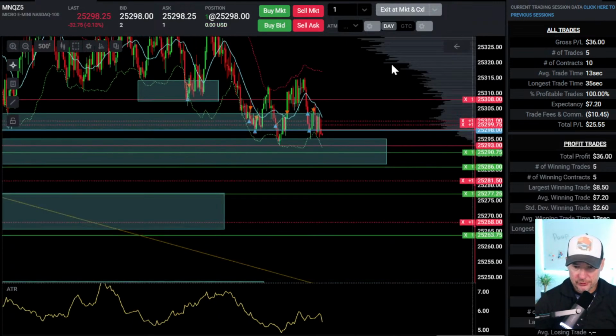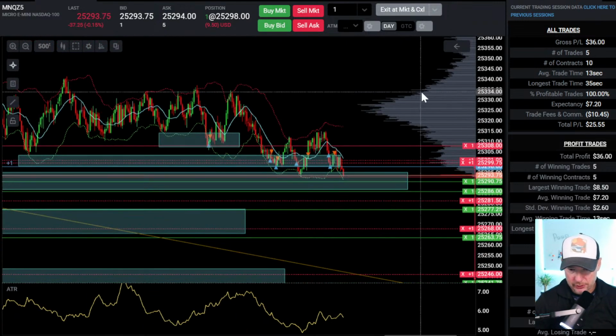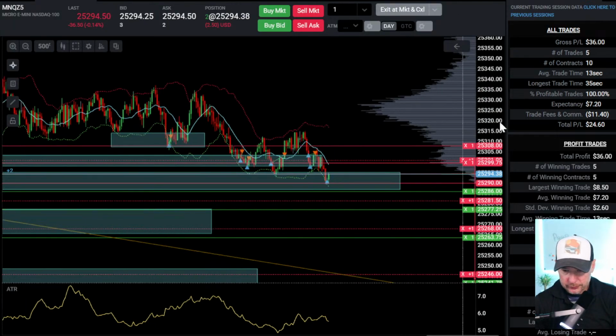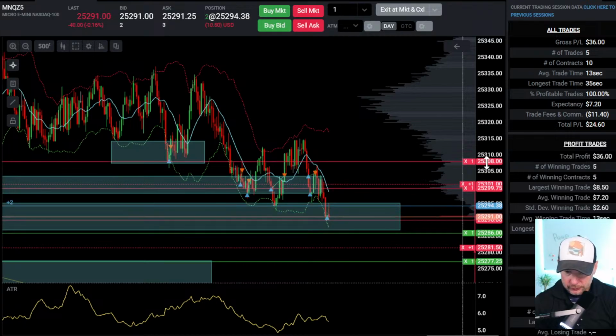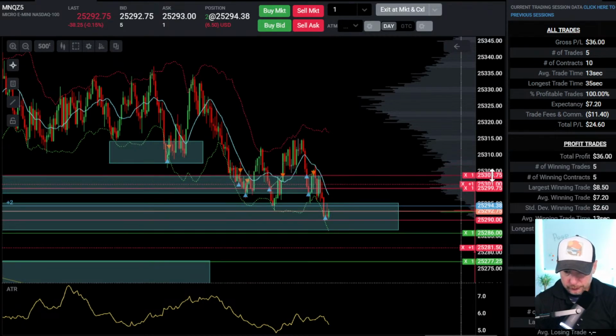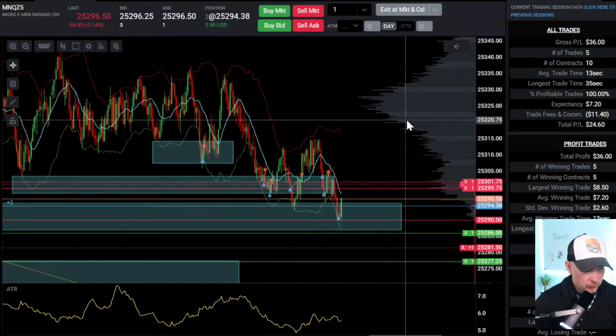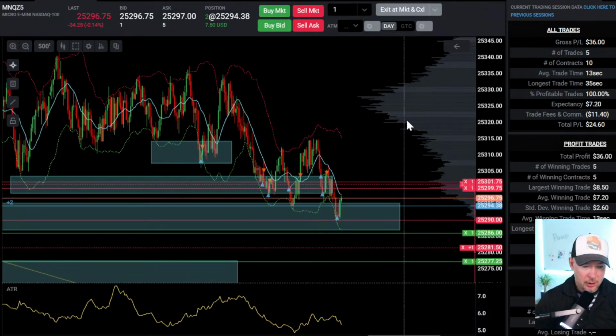Interesting seeing how Nasdaq is trending lower, and Russell is just kind of climbing higher.